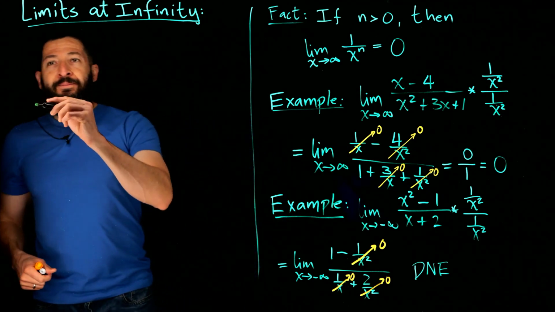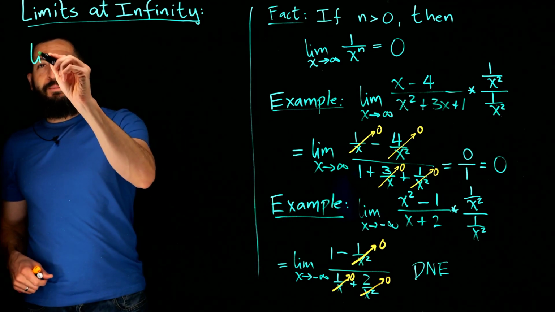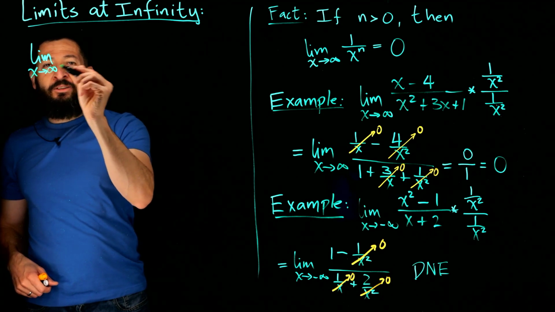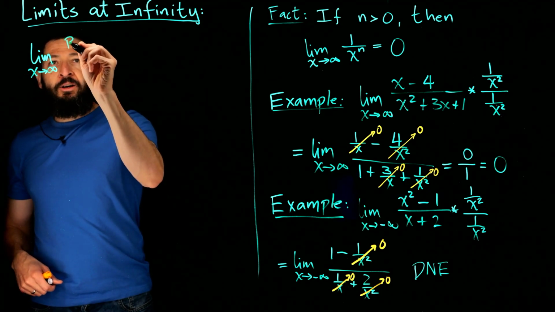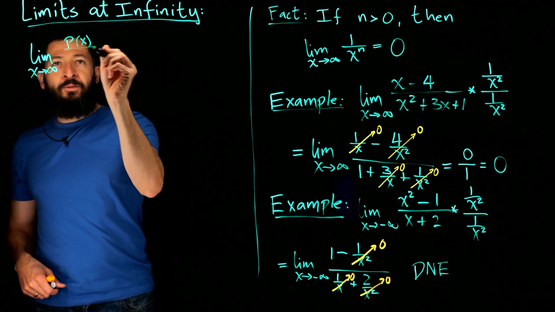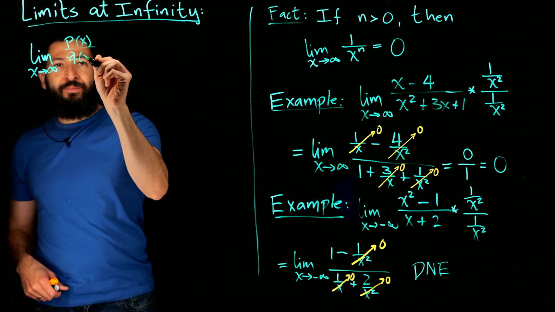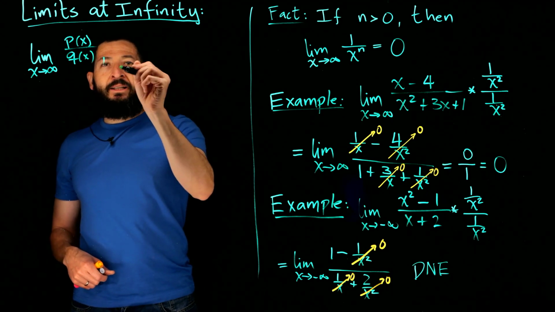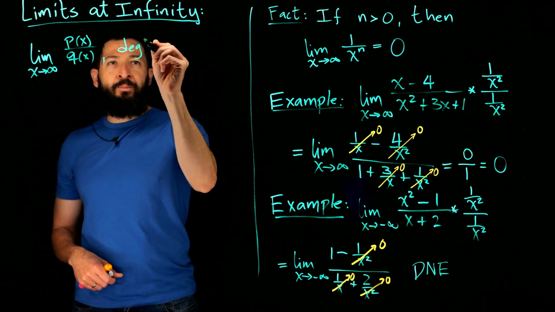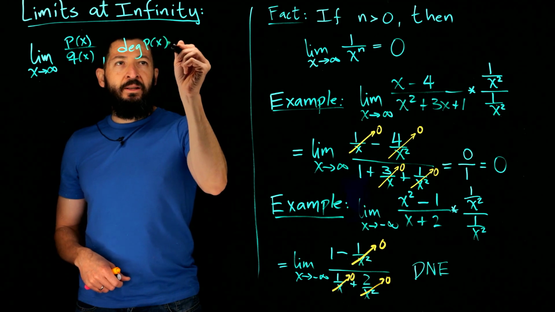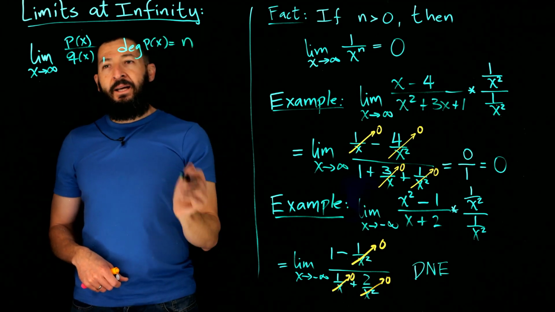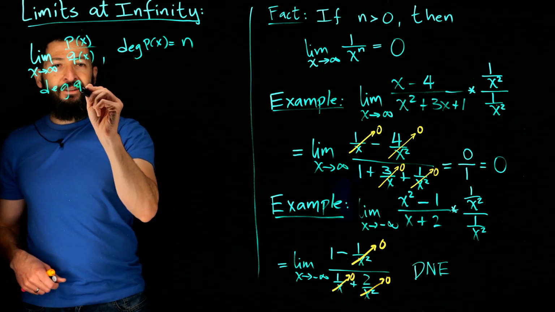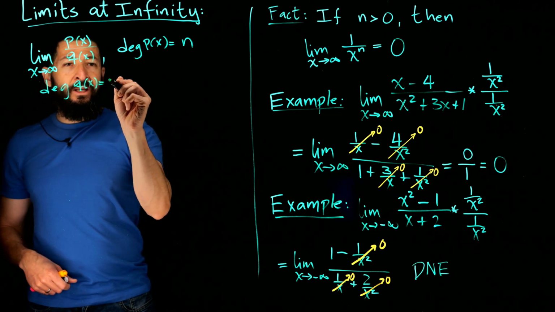Okay, so let's say that we're computing the limit as x goes to infinity. These are going to be polynomials, p of x over q of x. These are polynomials, and we will say that the degree of p of x is going to be n, and the degree of q of x is going to be m.